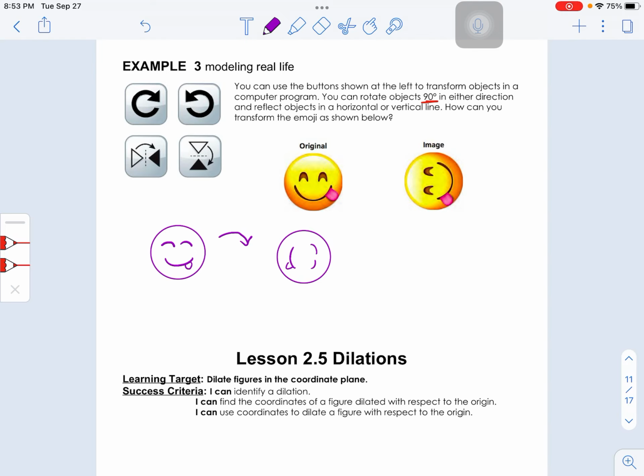Right, and then I am going to flip or reflect across the y-axis, which would then give me the emoji that ends like the picture shown.